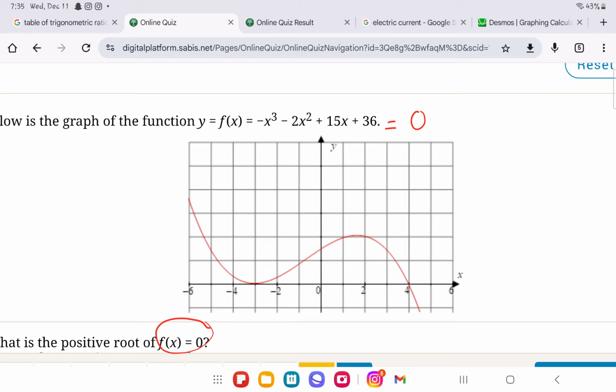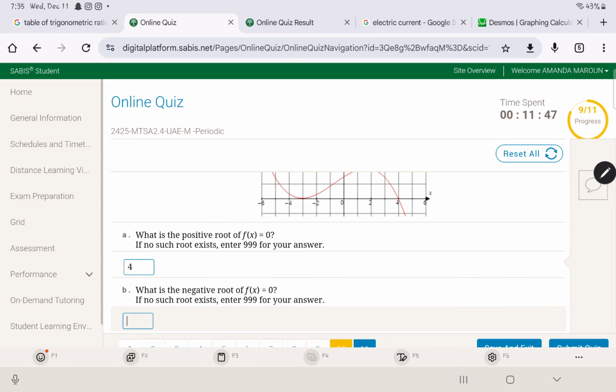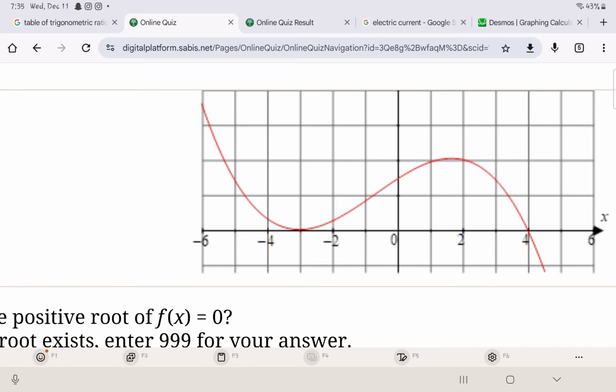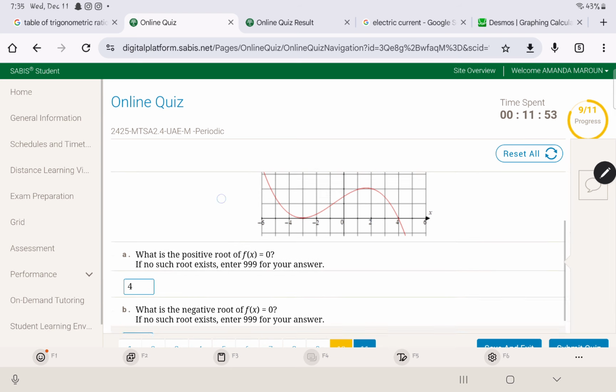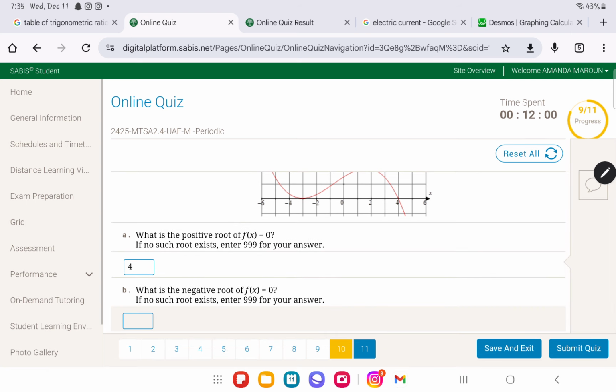They told us what is the positive root. Positive root is when y is 0, and we find it to be 4. So that makes the positive root 4. Now, if f(x) is 0 and they need the negative root, we come over here and we find it to be -3. So the root means that the y is 0. So we found it here to be -3.